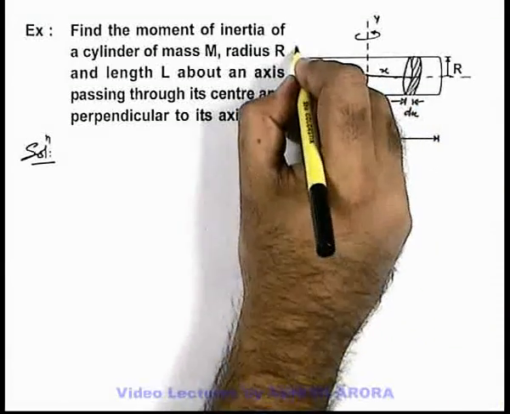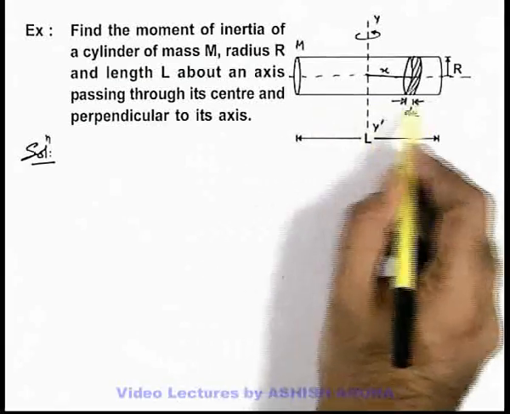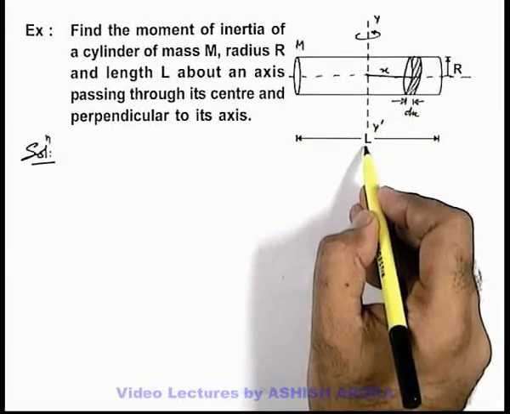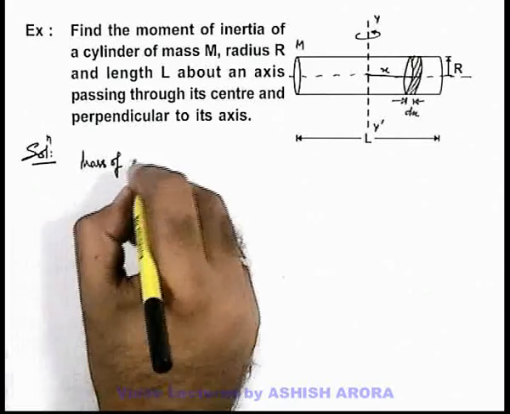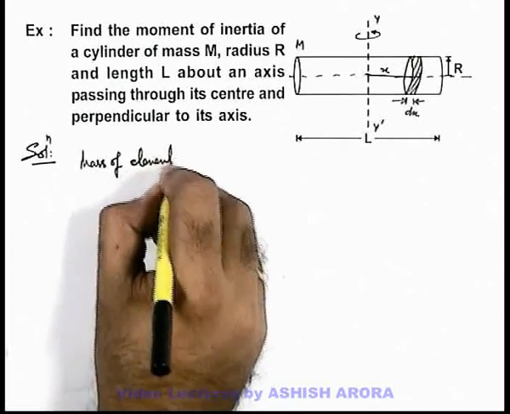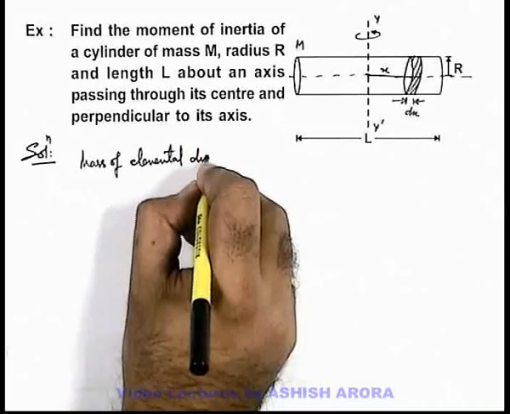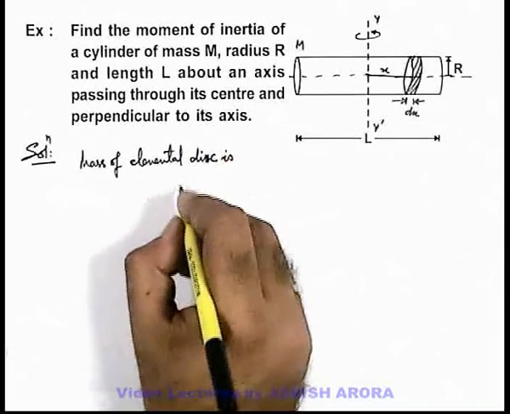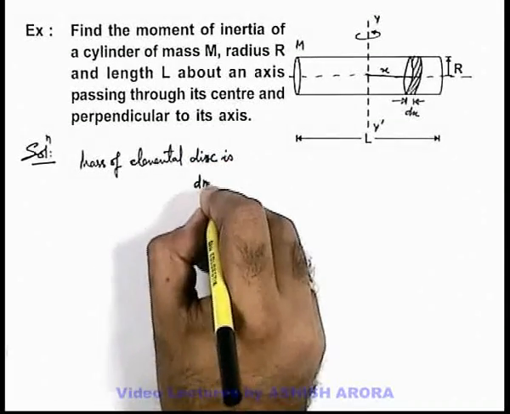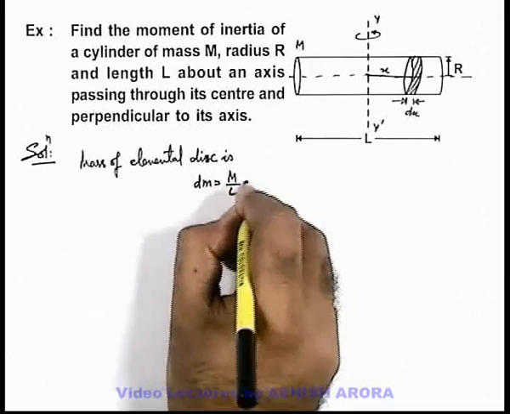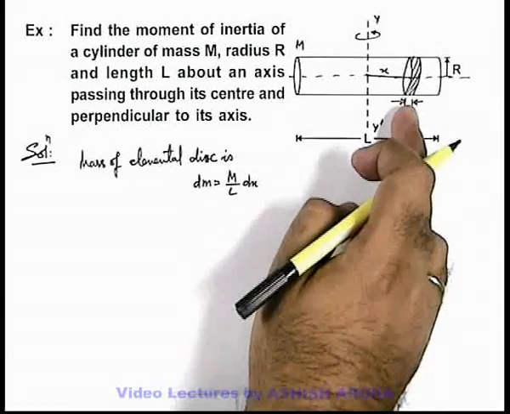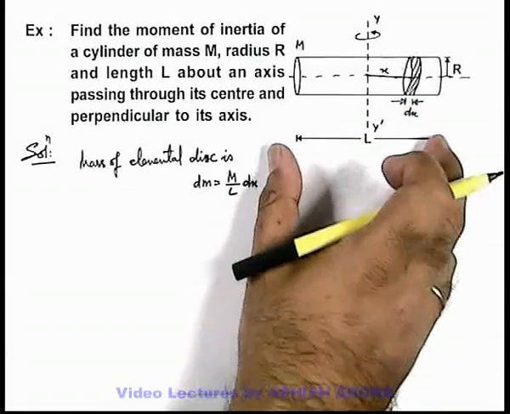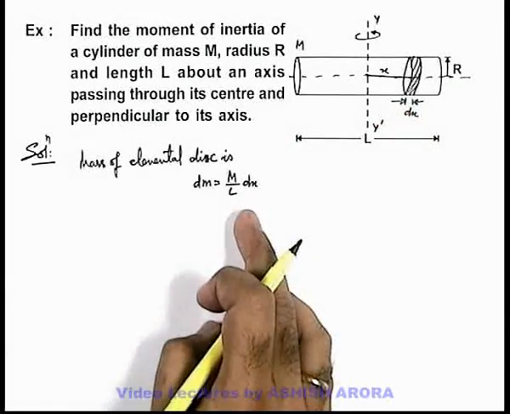As the total mass of the cylinder is m, which is distributed uniformly along the whole length l, you can simply write the mass of the elemental disk, dm, as m by l dx, because the whole mass is distributed in the length l. And for the length dx the mass will be m by l dx.